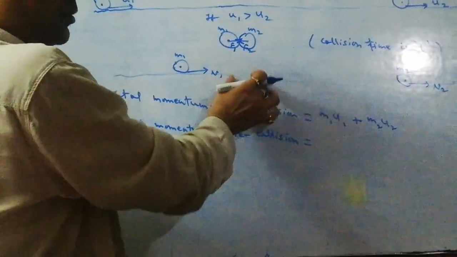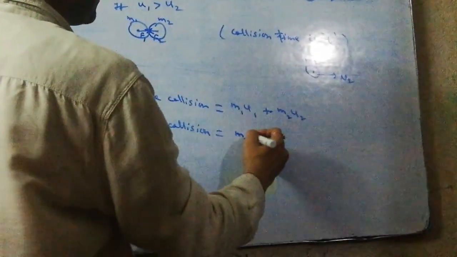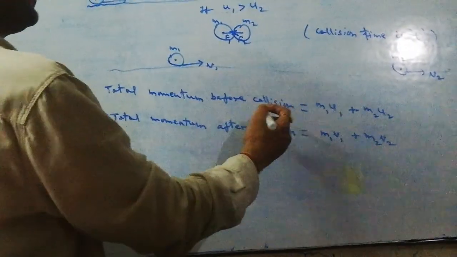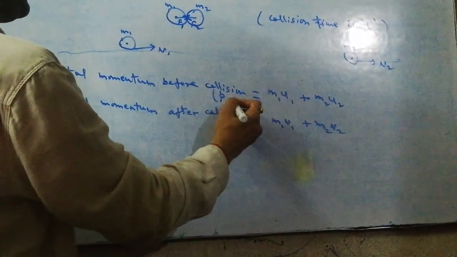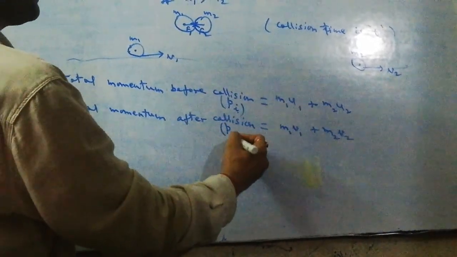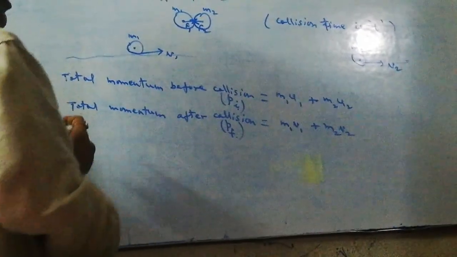Total momentum after collision is actually m1 v1 plus m2 v2. So we can write pi for initial momentum, and pf for final momentum. So what we have to prove?